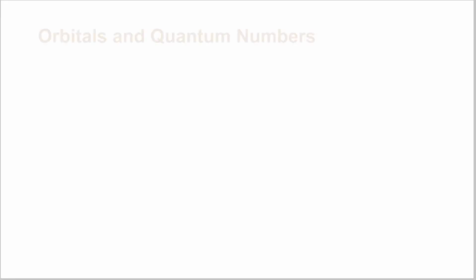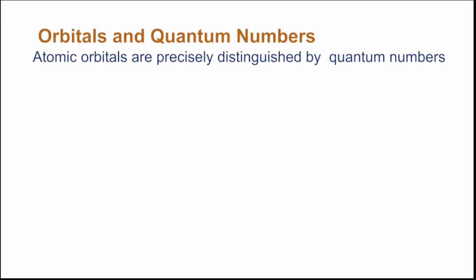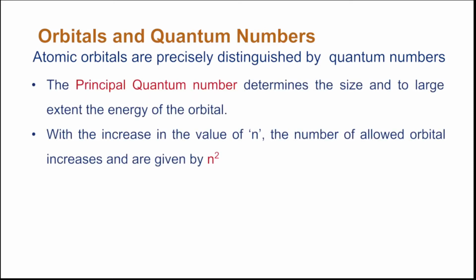So students, atomic orbitals are precisely distinguished by quantum numbers. The principal quantum number determines the size and to a large extent the energy of the orbital. With the increase in the value of n, the number of allowed orbitals increases and is given by n square.